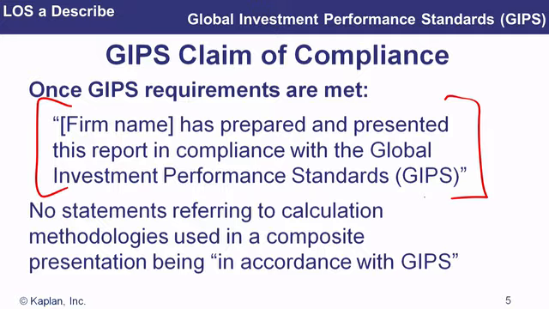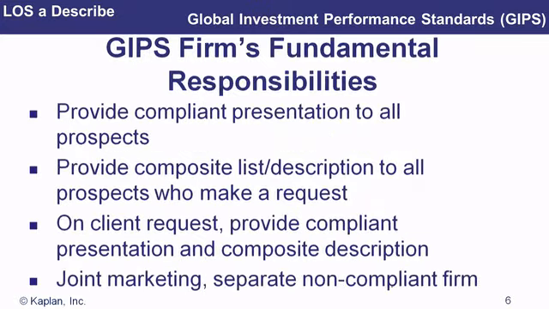You can't use the term GIPS unless you are claiming compliance, and if you're claiming compliance, it has to be complete compliance, with the minor caveat that it could conflict in some little country somewhere with local law, which would mean you would have to have this statement and then a disclosure, but that probably is down in the noise.